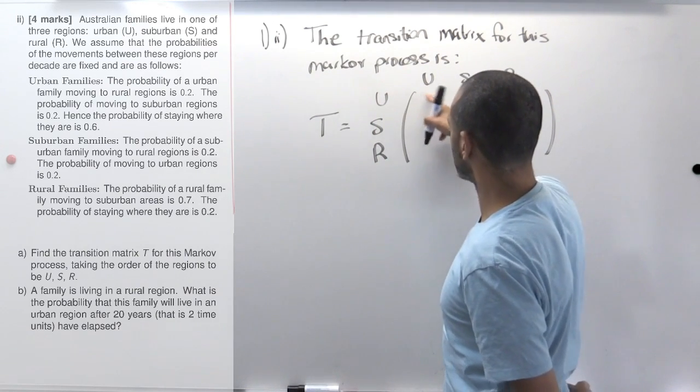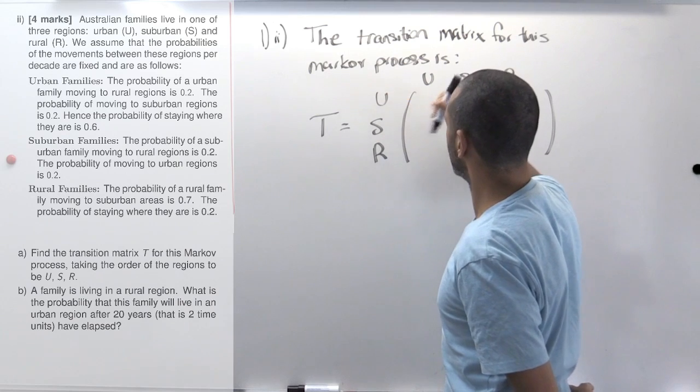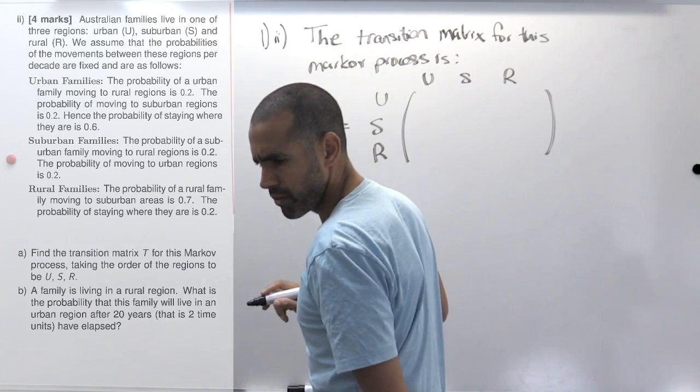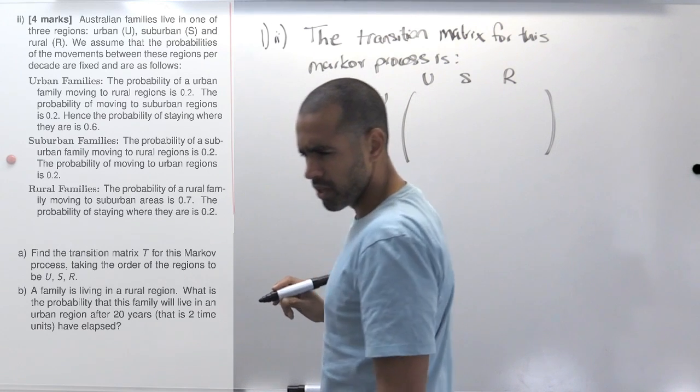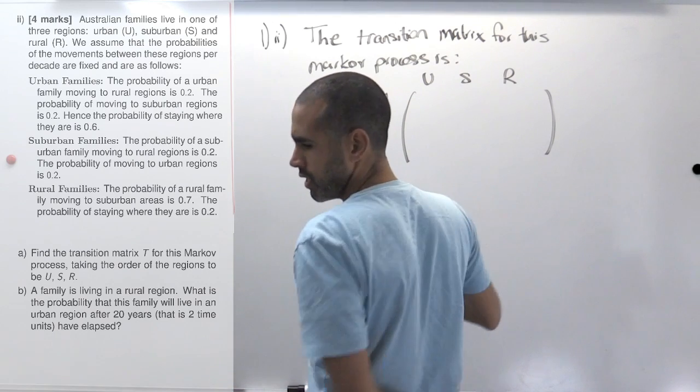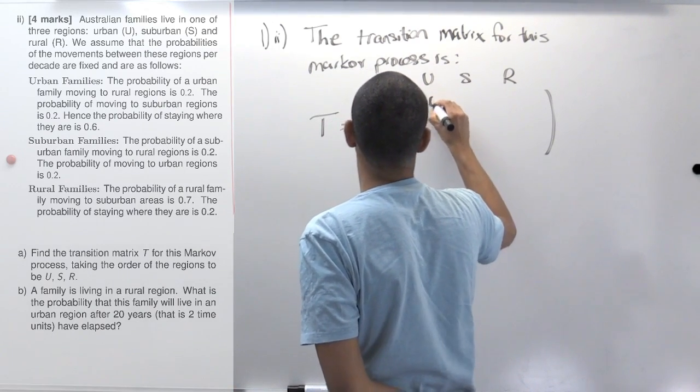The probability that goes here is the probability of going from urban to urban, and hence the probability of staying is 0.6.